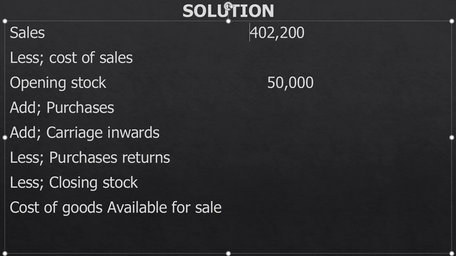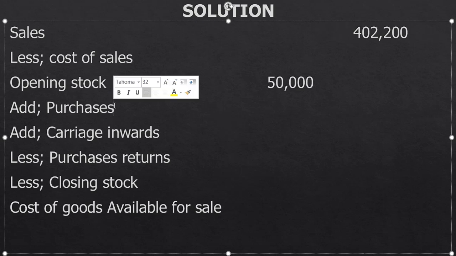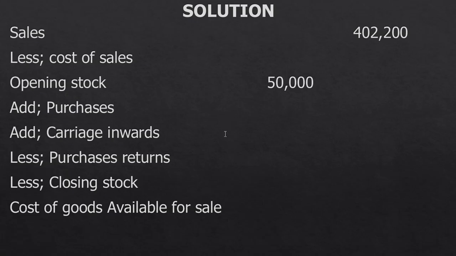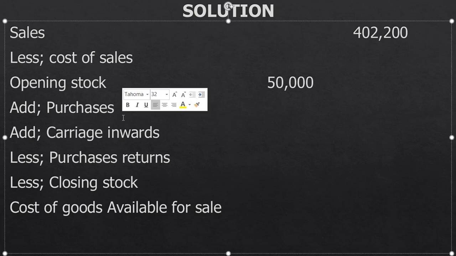Then purchases, we shall go back to the question and see how much. The purchases figure is here, 250,000. So I record 250,000.